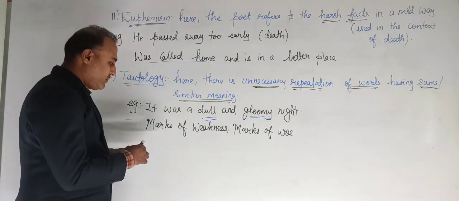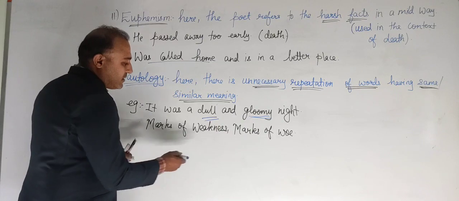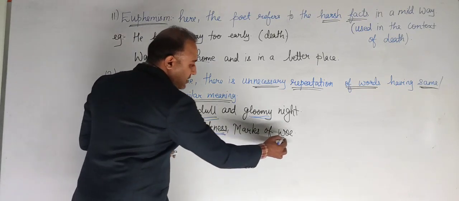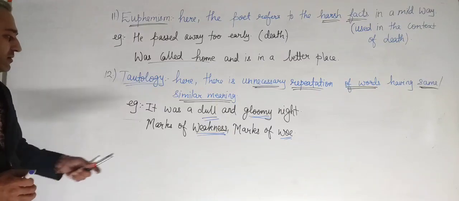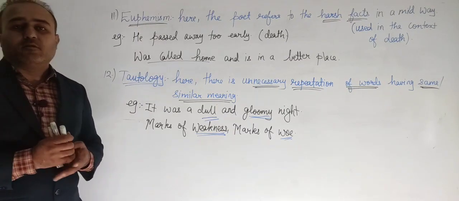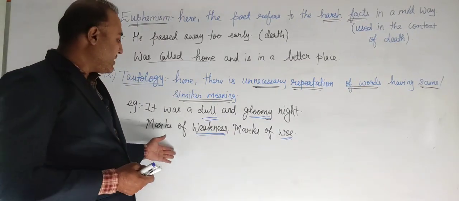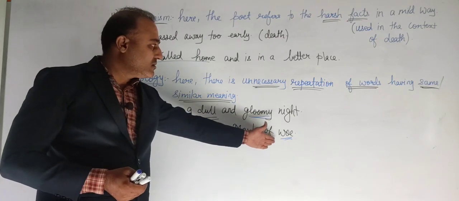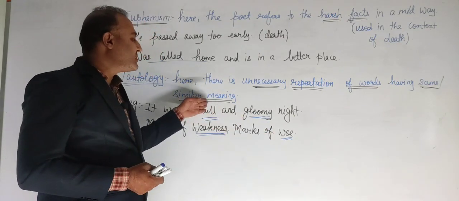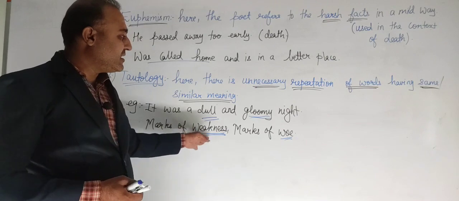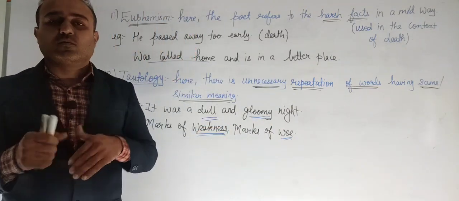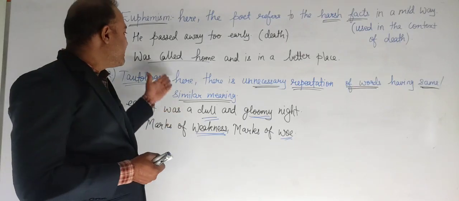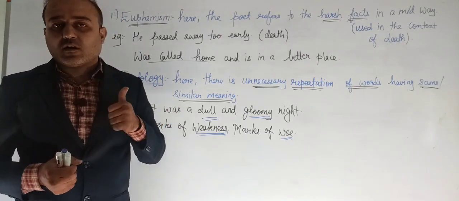Again we can find the two different words, that is weakness and woe, which means the same, right? So again we can find a sentence where we are having two different words having the same meaning. So this can be said as unnecessary repetition of the words having the same meaning. So when such kind of sentence is there, the figure of speech used is tautology.